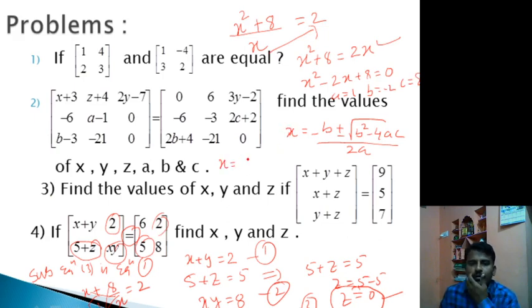X is equal to minus of minus 2 plus or minus root b square, means minus 2 square, minus 4 times a, which is 1, and c, which is 8, divided by 2 into, okay, wait, I will take a new page.